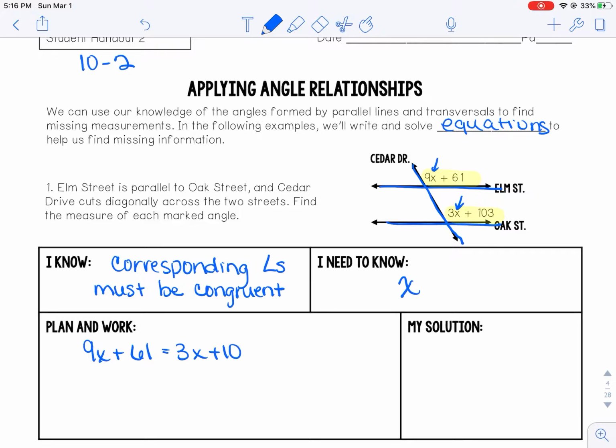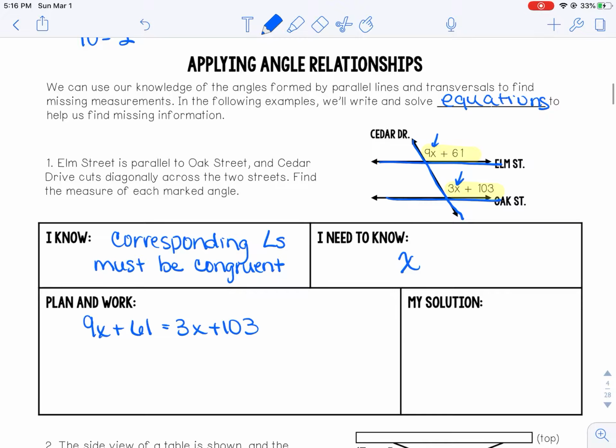Okay, and we know that if we have variables on both sides of the equal sign, we should try to get rid of the smallest variable term first. So my variable terms are 9x and 3x. My smallest one is 3x, so I'm going to get rid of that by subtracting it on each side. As long as I can get rid of the smallest variable term, then my variable is always going to be positive, which is much easier to work with.